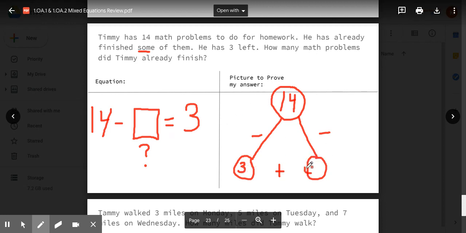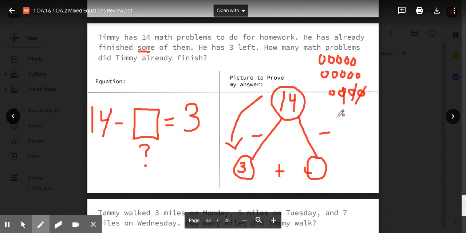Now, in order to find this missing part, I'm going to take 14 and subtract 3. 1, 2, 3, 4, 5, 6, 7, 8, 9, 10, 11, 12, 13, 14. Now I'm going to take 3 away. 1, 2, 3.